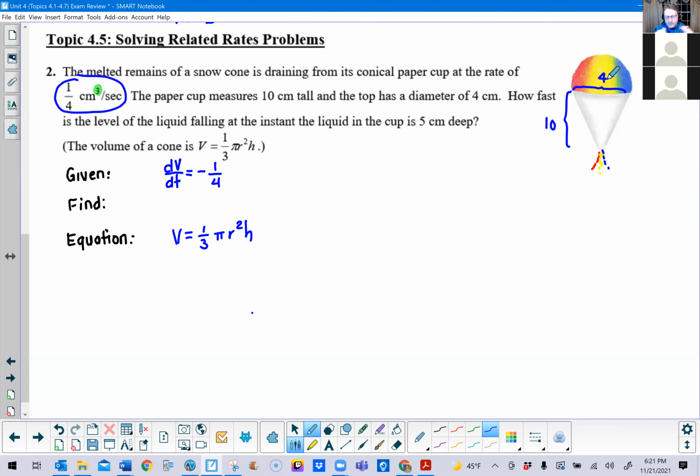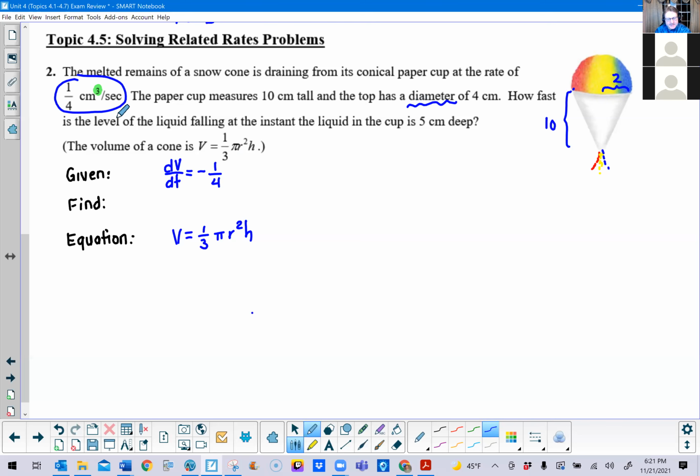I'm not saying I plan on doing this to you, but you never know what to expect. When you've got diameter given, that's not a part of our formula. If it were me, I would change that immediately to a radius on the fly. Diameter of 4 means radius of 2. And that's going to allow you to kind of work with this problem, I think, a little bit easier, okay?